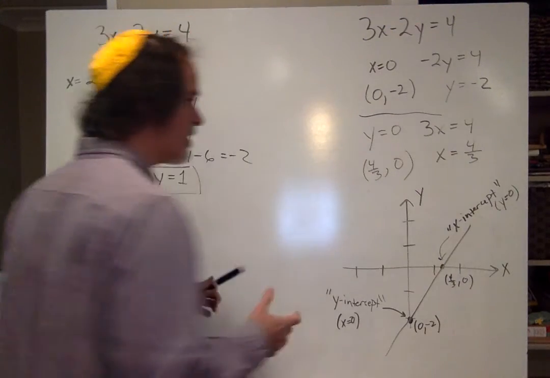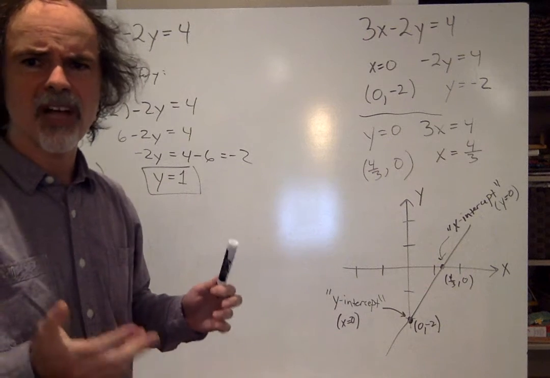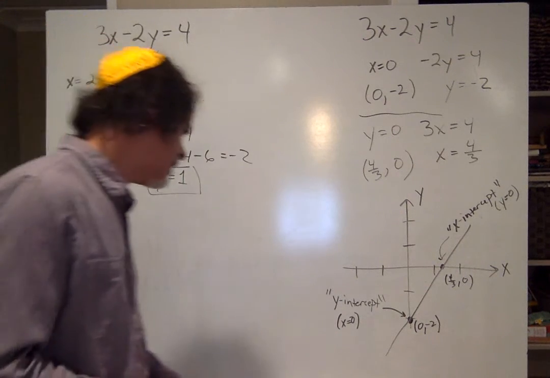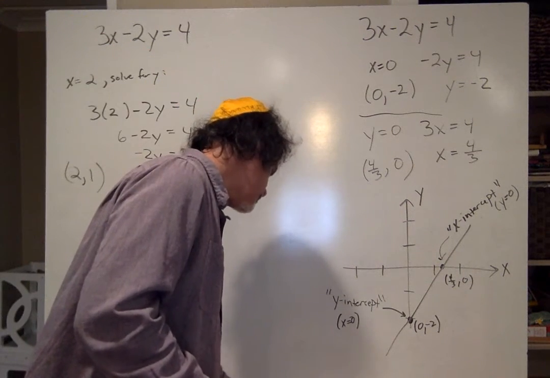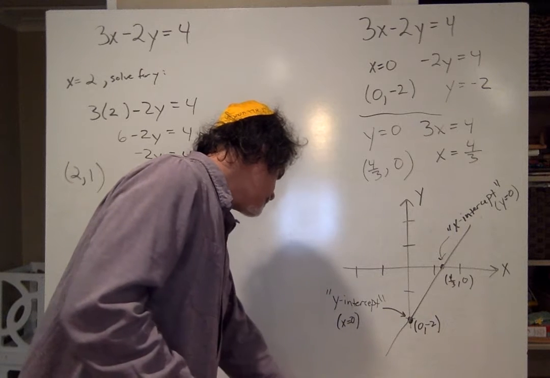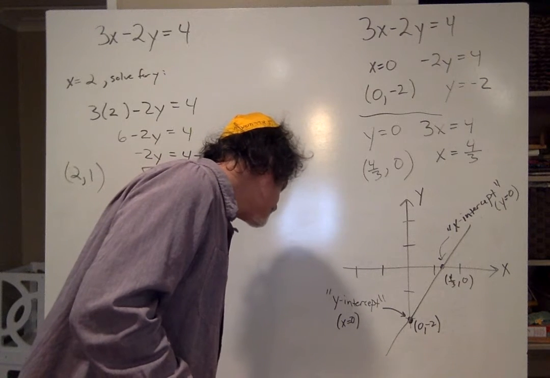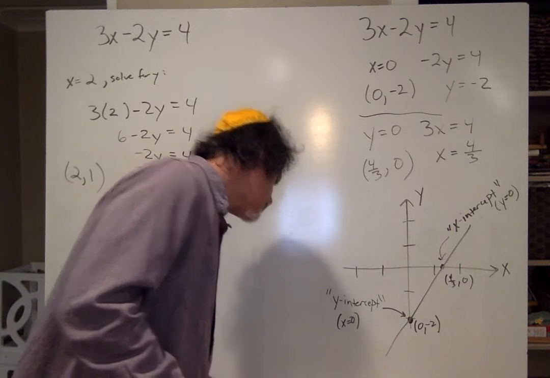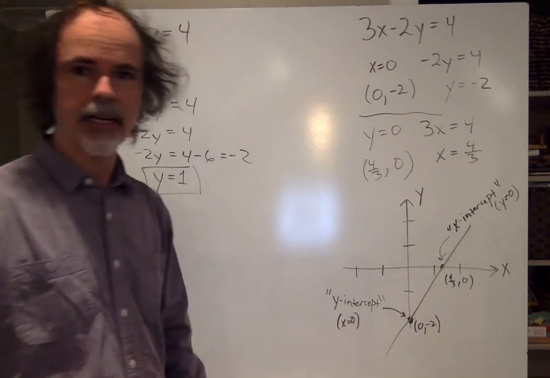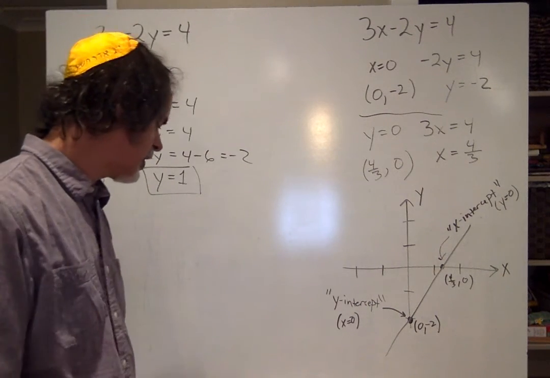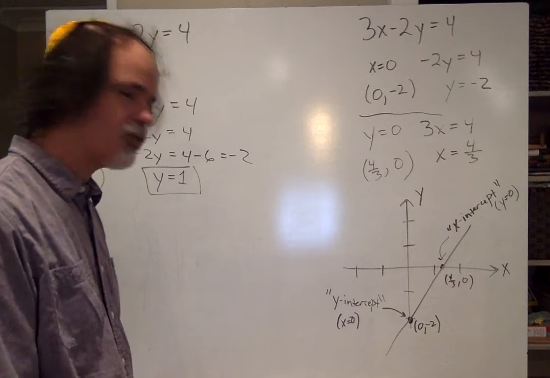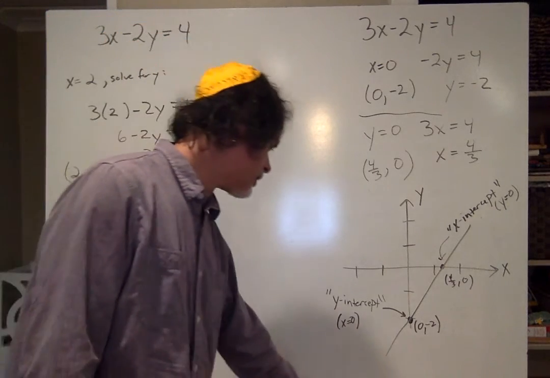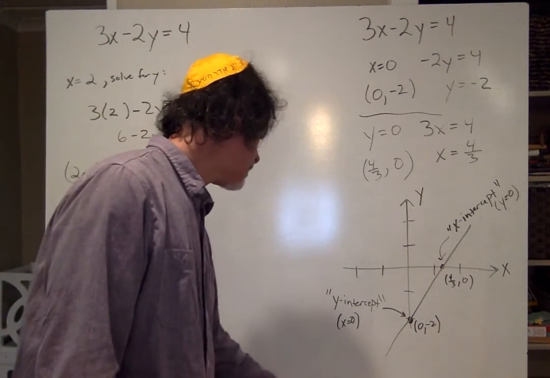They call this graphing the line by finding the intercepts. I think that's the language that they're using. Graph using the x and y intercepts. So that's what the book is asking you. But you can graph with any 2 points you like. It doesn't matter. Okay.